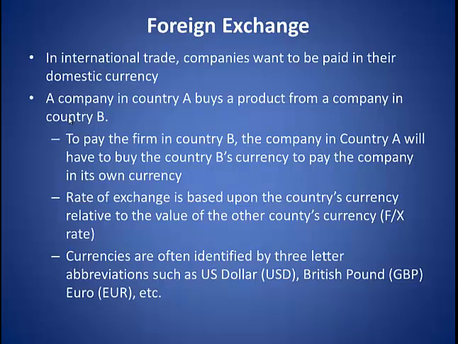So to pay the firm in country B, the company in country A will have to find a way to get country B's currency, and that's usually to buy the currency on the open market, either through a broker or through a bank, because company B wants to be paid in their own currency.